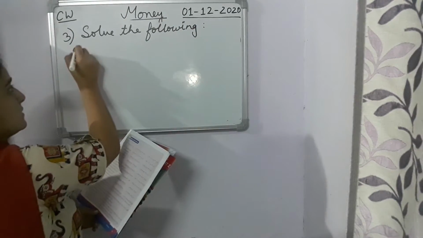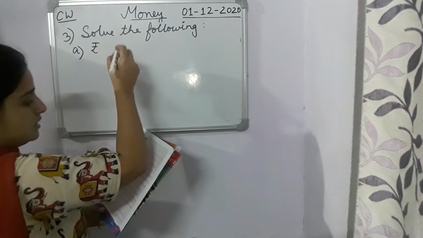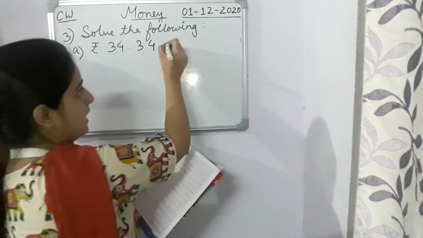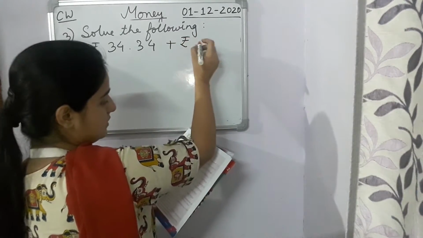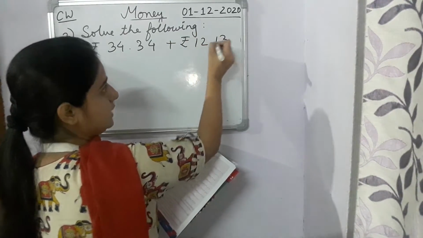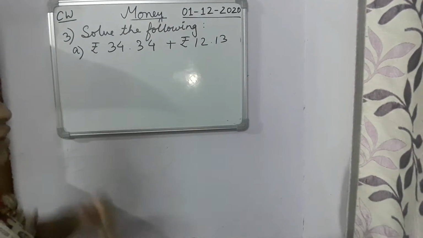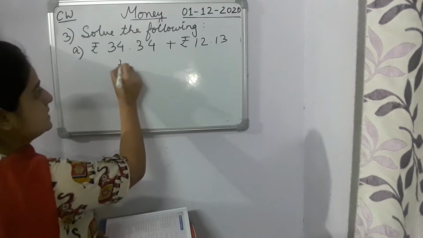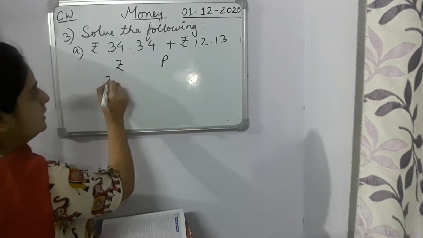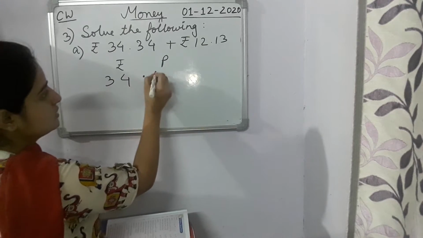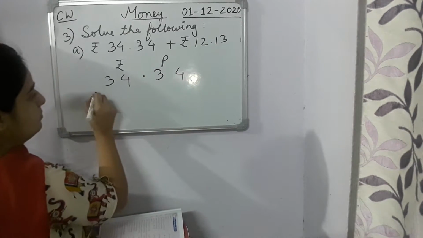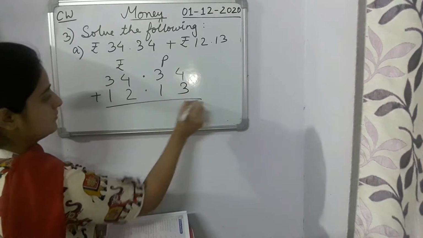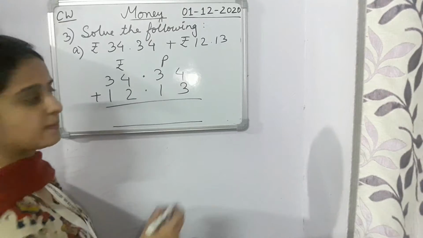The first one is rupees 34.34 plus rupees 12.13. So you know how to do. You can arrange vertically rupees and paisa. So 34.34 plus 12.13.